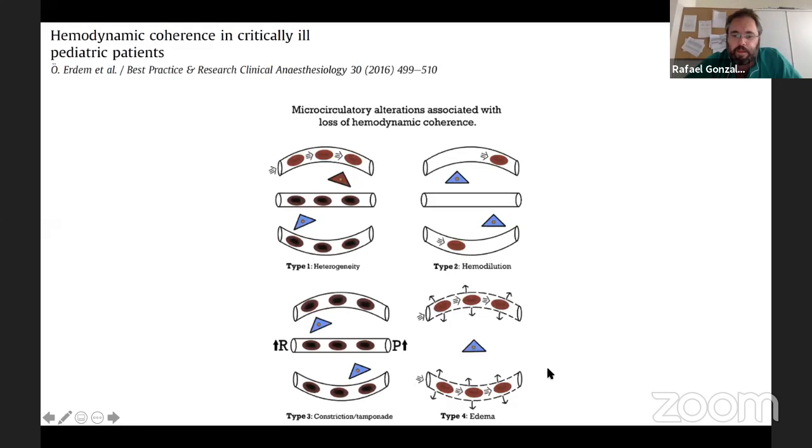If we get fluid leak into the tissues, the distance from the cells to the vessel might increase, and then the cells might become hypoxic.